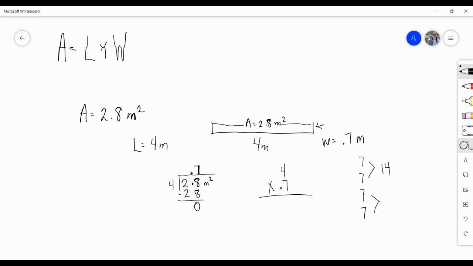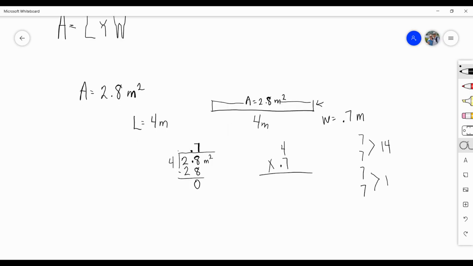Then another 7 plus 7 is also 14. Then we add 4 and 4 is 8, 1 and 1 is 2. So we did the math correctly. 4 times 7 is 28. And then we have one decimal place, so we move the decimal over 1.